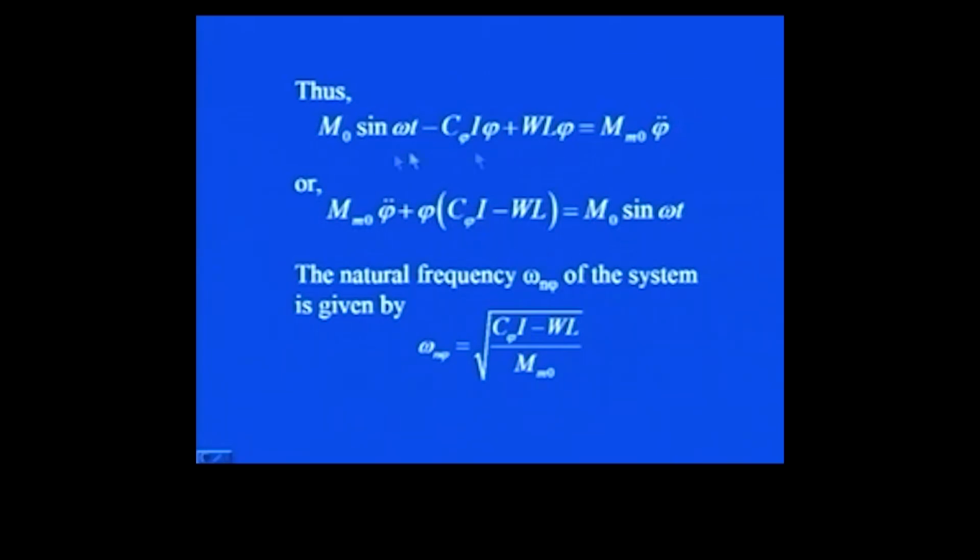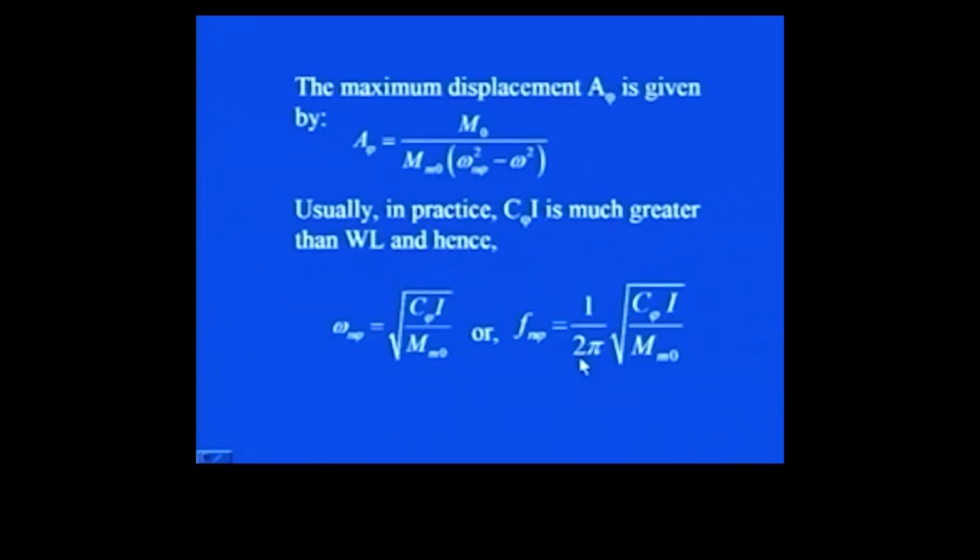This equation can be rewritten in this particular form, and if you solve it in the usual manner, as you have already done in the case of vertical vibration of the block foundation, you will obtain the natural frequency of the system, represented by omega n phi, equal to the square root of C phi I minus W L divided by M_MO. So, this is how you can get the natural frequency of the system.